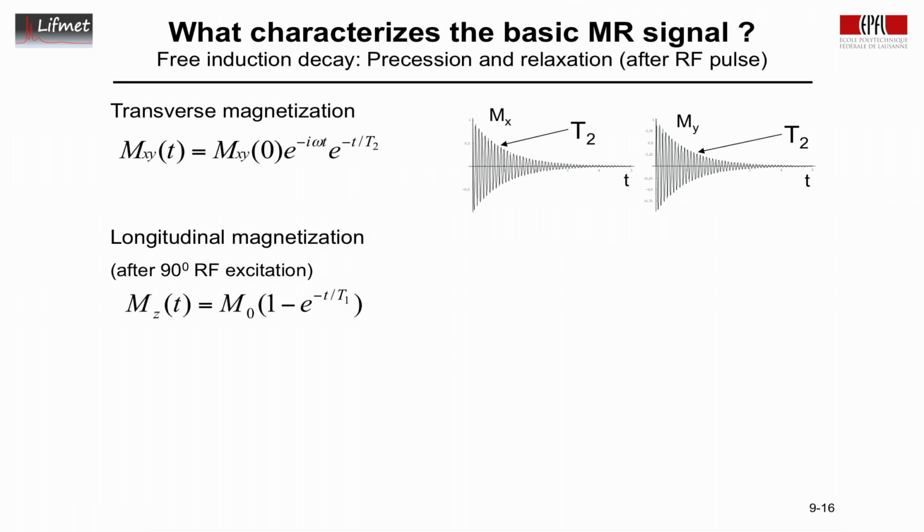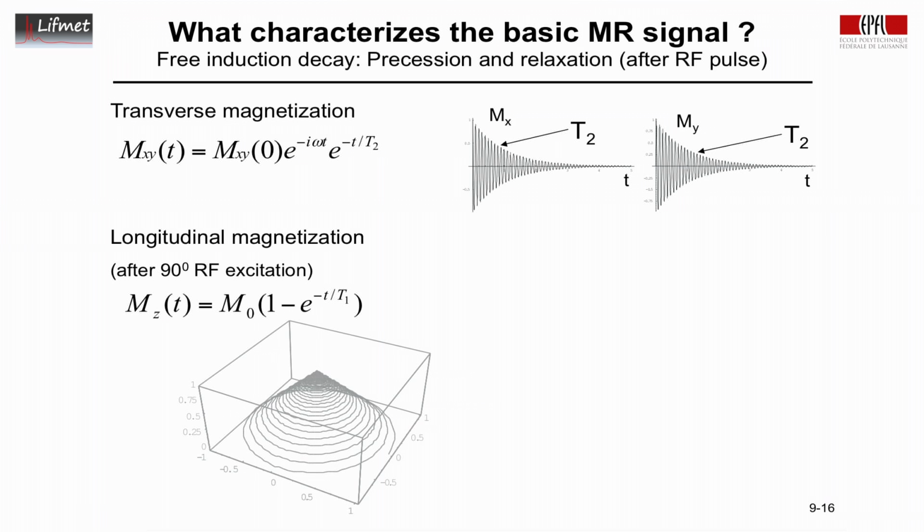For the longitudinal magnetization, I'll just stick to the case where we have a 90-degree full excitation, so the magnetization has been flipped into the transverse plane. Then the Z magnetization, the longitudinal magnetization, is equal to M0 times 1 minus e to the minus t over T1.